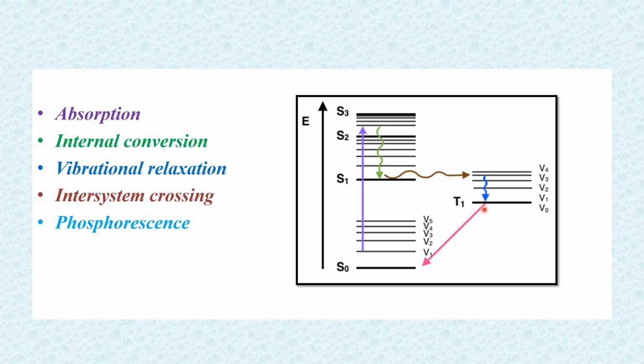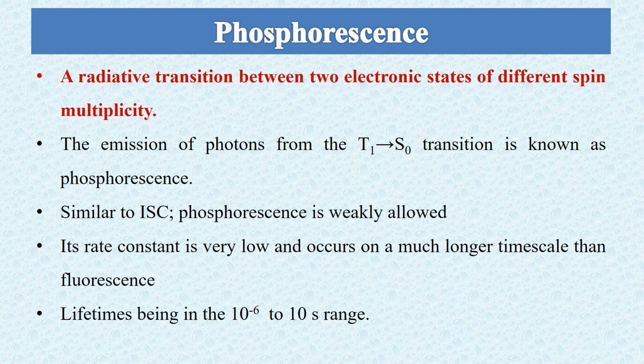And then there is phosphorescence. It is also a type of intersystem crossing, but when the electron from T1 comes to the ground state, this intersystem crossing is called phosphorescence. Phosphorescence is a radiative transition between two electronic states of different spin multiplicity.